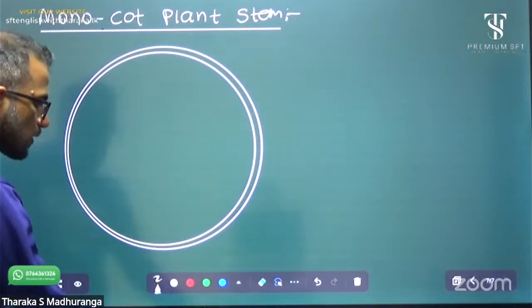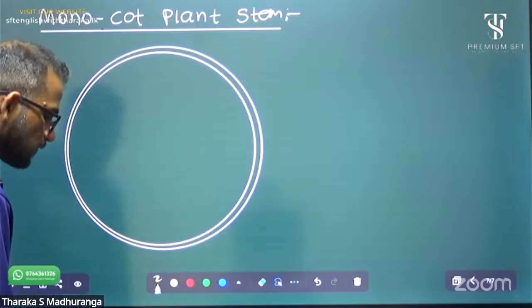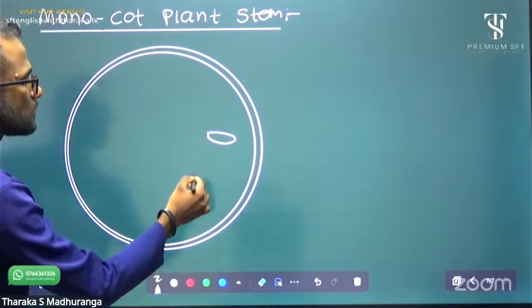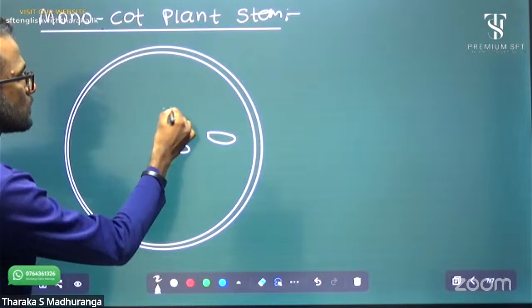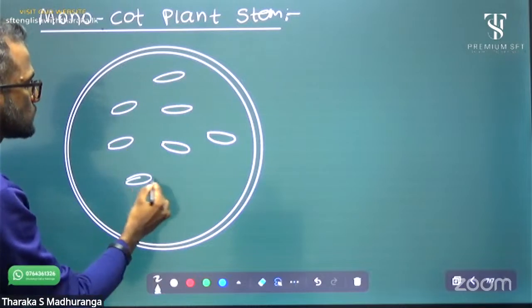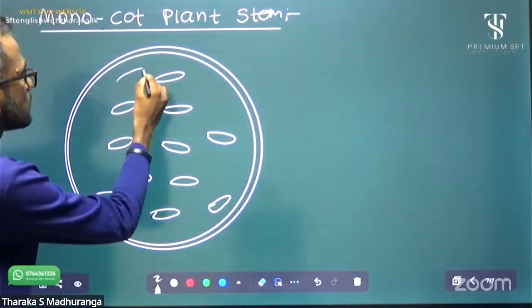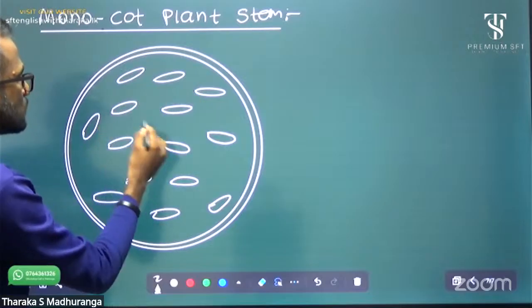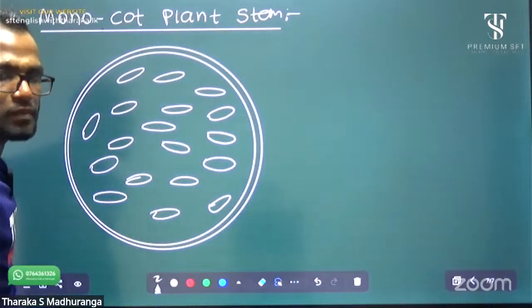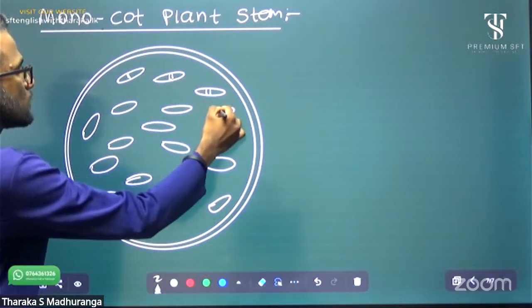And they are the vascular bundles, and xylem and phloem and meristem tissue.